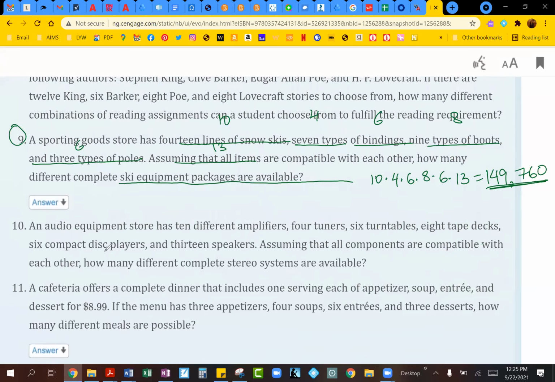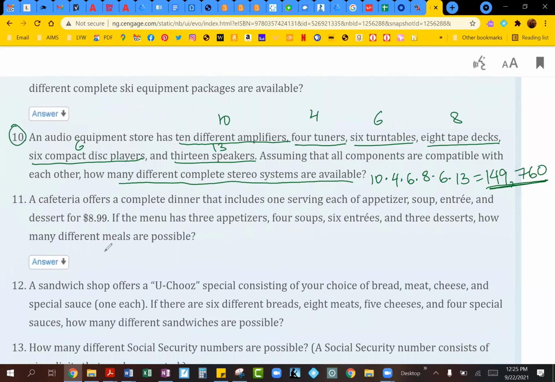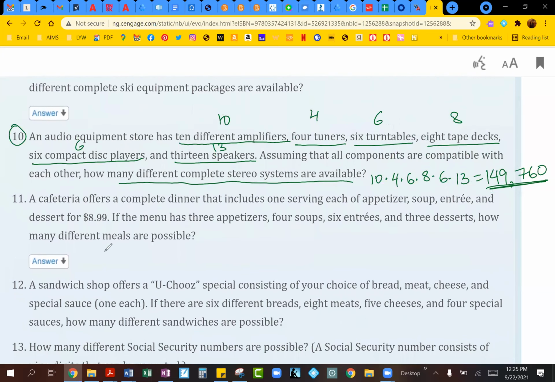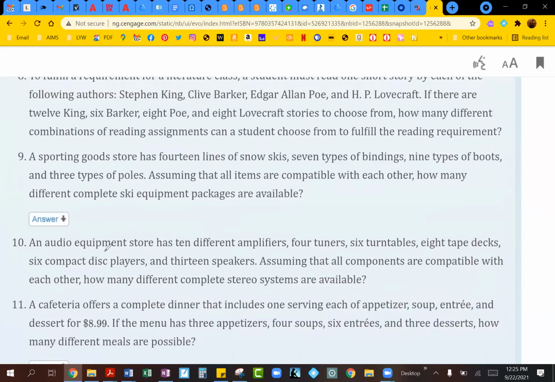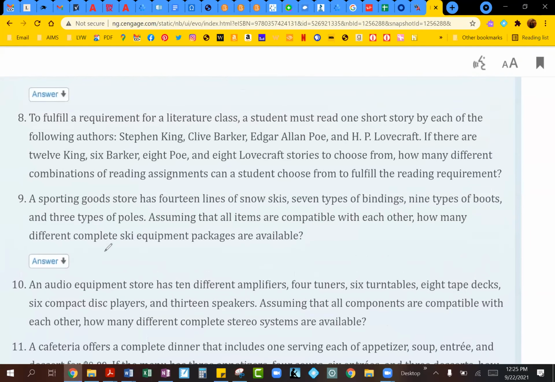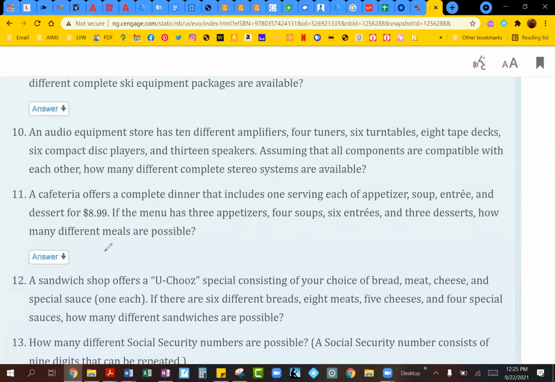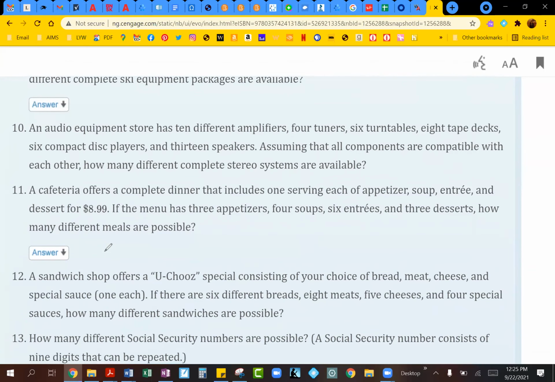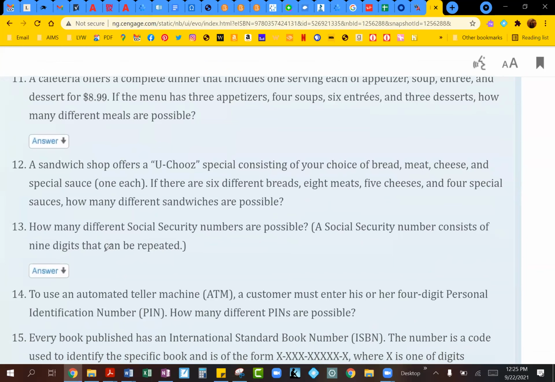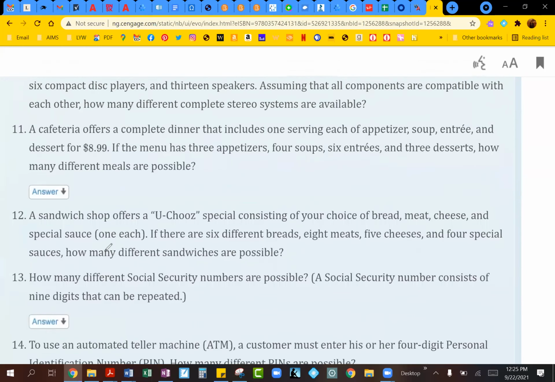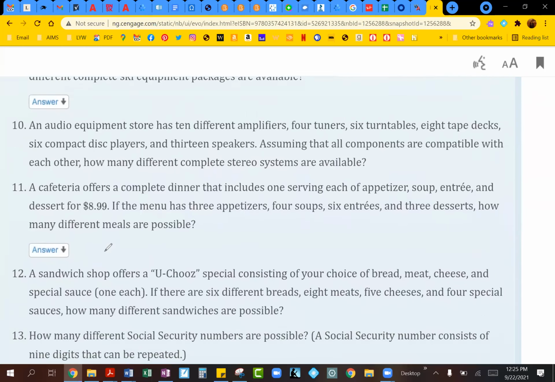And you can see, guys, you have different examples. Let me go ahead and save this and clear this out. So you can see a bunch of different examples here, which are kind of doing the same thing. They've got a sporting goods store, a cafeteria with different dinner combinations, looks like a sandwich shop. So you can kind of see the theme. It's the same thing, how many different combinations.